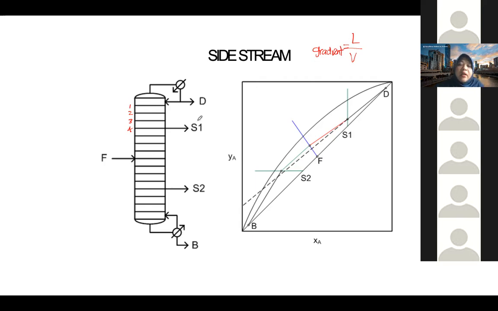Okay, and also sometimes the side stream depends on the phase that you take, bergantung dari fasa yang diambil ya. For example here, this one they take the S1 as a vapor or as a liquid. Look at the Q line and then check, is it vertical or horizontal? Is it vertical? Yeah, so what is the phase?